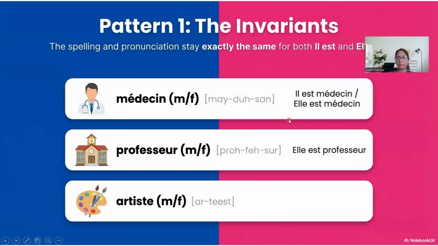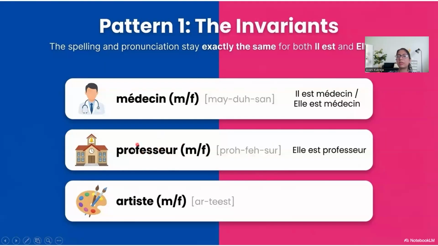Médecin. Il est médecin. Or elle est médecin. So this profession does not change whether it's masculine or feminine.